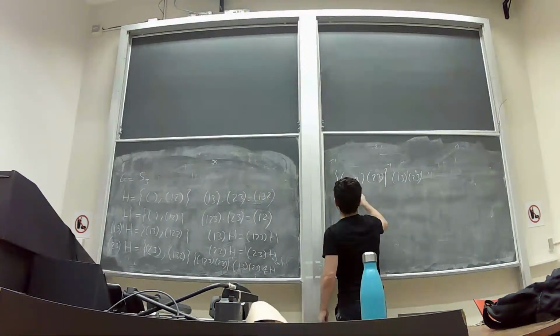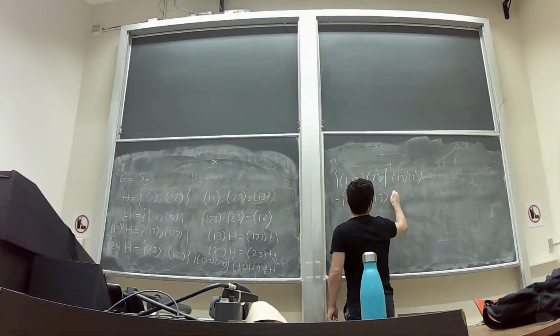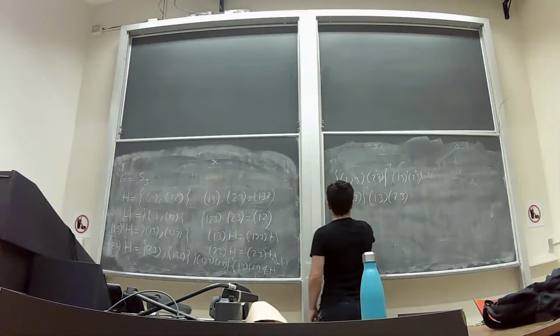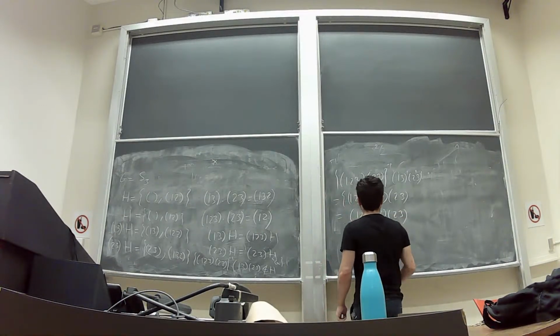This is (1 2 3) times (2 3). So 1 stays 1, then goes to 2, 2 goes to 3, and 3 goes to 1. This is (1 2) inverse times (1 3)(2 3). So this is (1 2) times (1 3)(2 3).